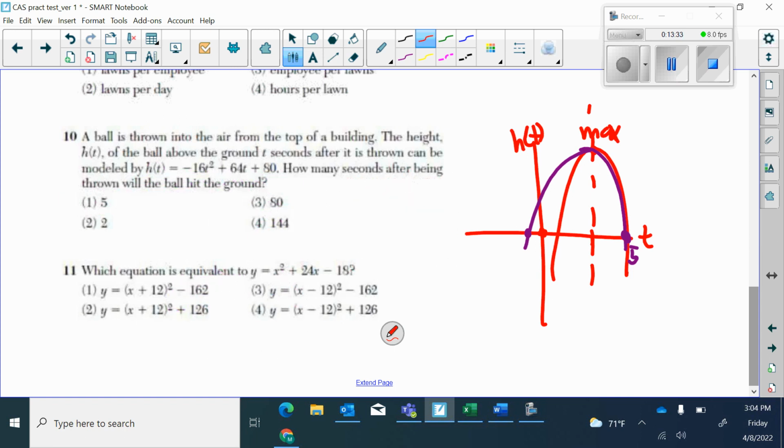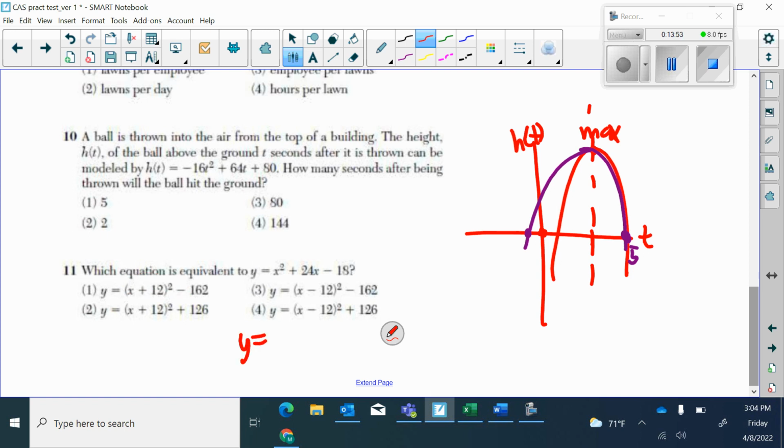Plug it in. Okay. Which equation is equivalent to this? Now, if you don't know, you could sit there and multiply that whole thing out and subtract 162 and see if you get that. But what's smarter, we talked about completing the square.